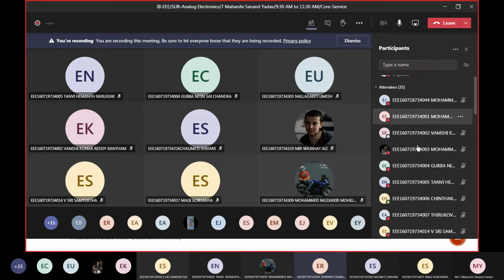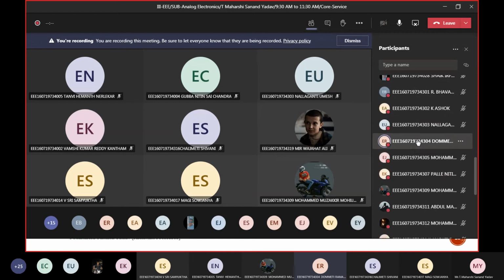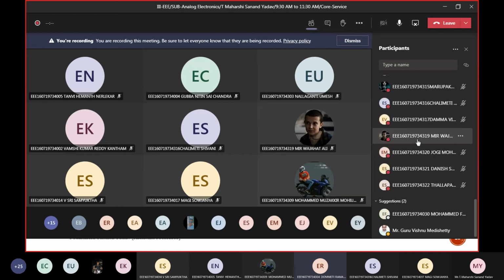Next, we saw about mixer and sampling. Tell me in detail. Mixer means adding or subtracting. How many types of mixing circuits are there?